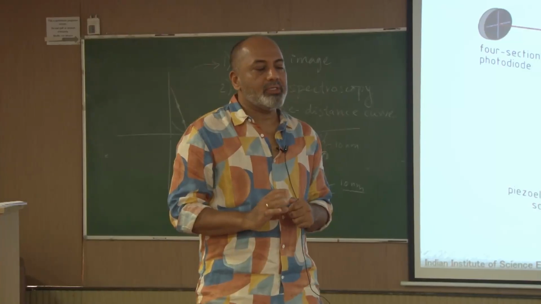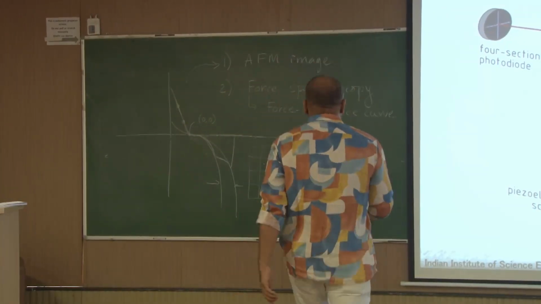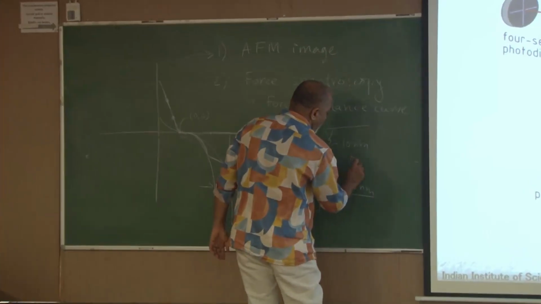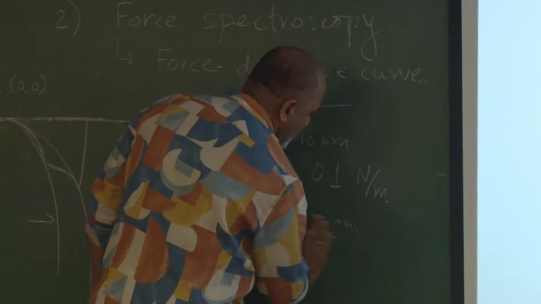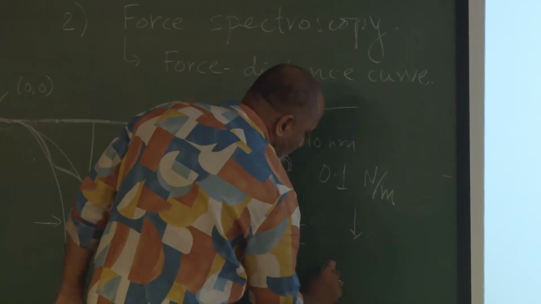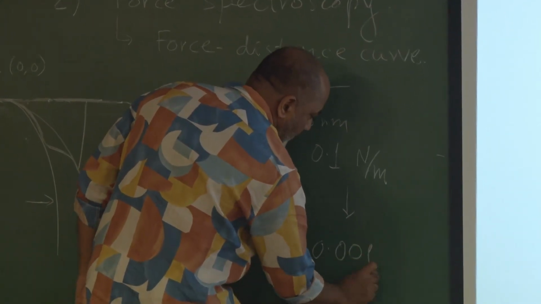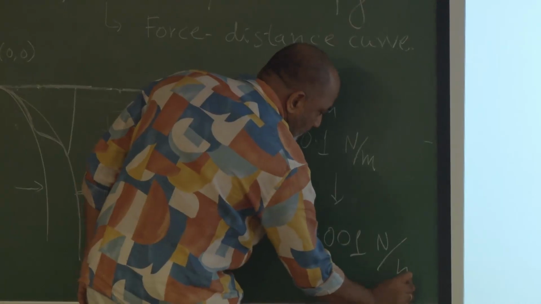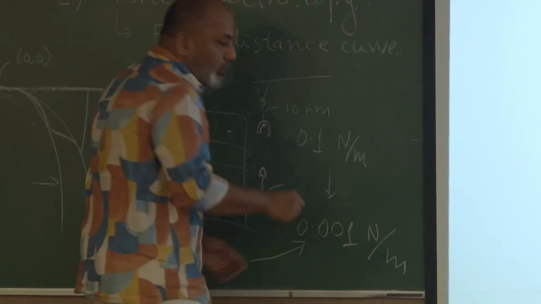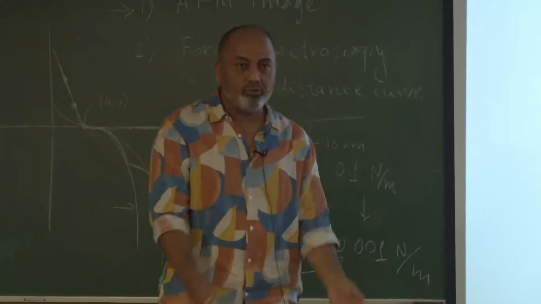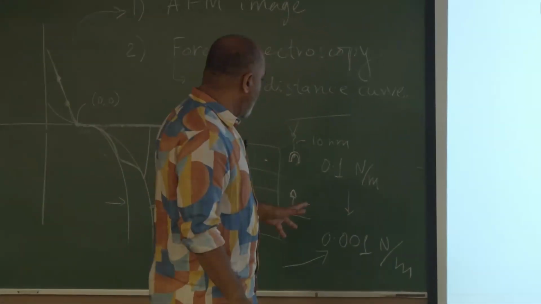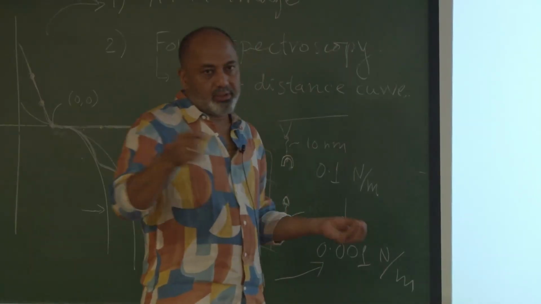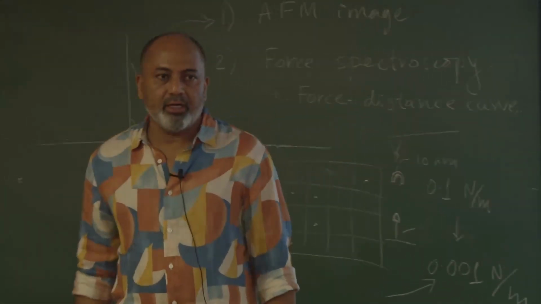Contact mode imaging always uses cantilevers with 0.1 Newton per meter stiffness all the way to 0.001. These kinds of cantilevers are used for contact mode imaging in liquid because you don't want to spoil the sample cells with too much load, and for unfolding similar cantilevers are used.